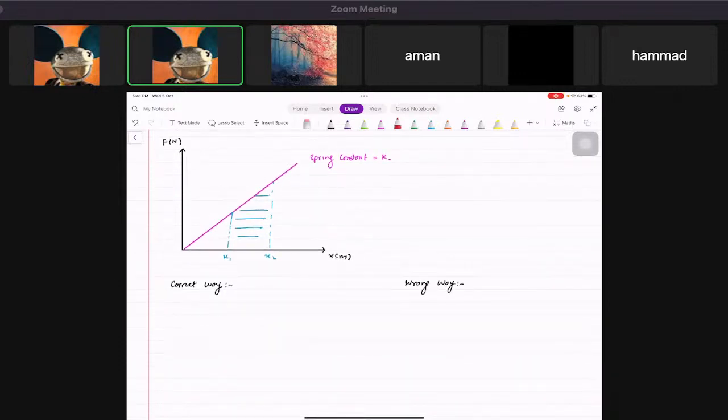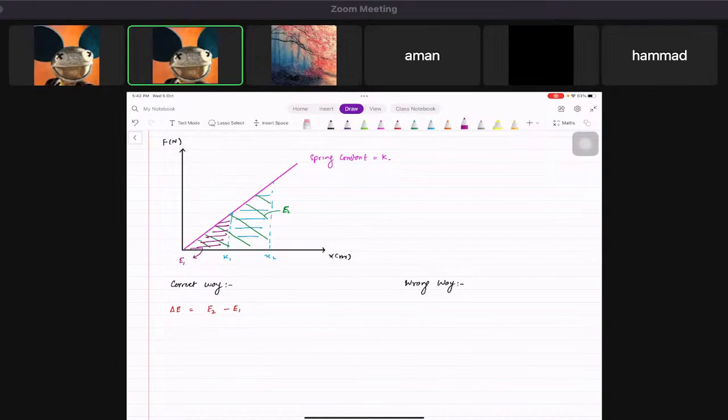To find the change in energy, you would want to subtract energy 1 from energy 2, and that would mean that this section as a whole, the green one, shows you energy 2, and only this section, the purple one, is energy 1. So when you subtract both of them, you get the blue one.